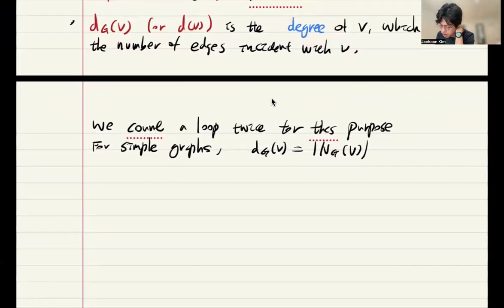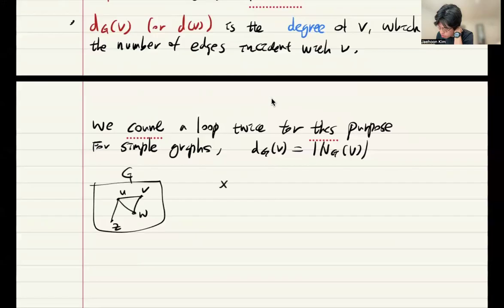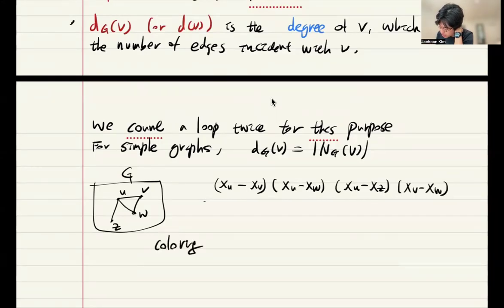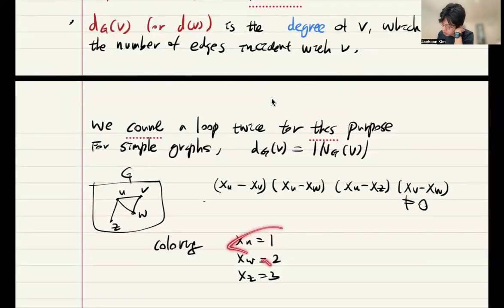And the reason why we call this degree is roughly, one of the ways to tackle the four color problem was that if you have a graph G with vertices U, V, W, you introduce the variables X_U, X_V, X_W, and then you take a difference for each edge: X_U minus X_W, X_U minus X_V, X_V minus X_W. And a coloring is that you assign certain values to these variables so that this product is non-zero, which means none of these are 0.